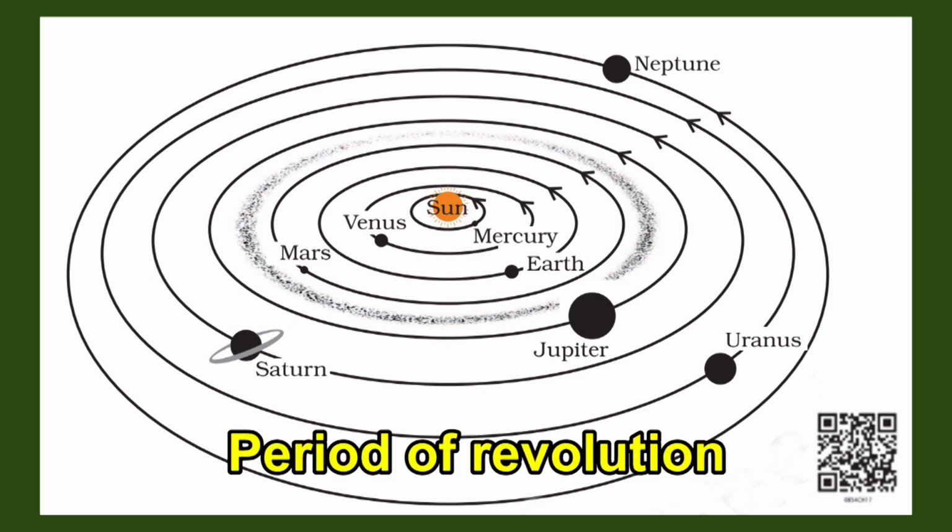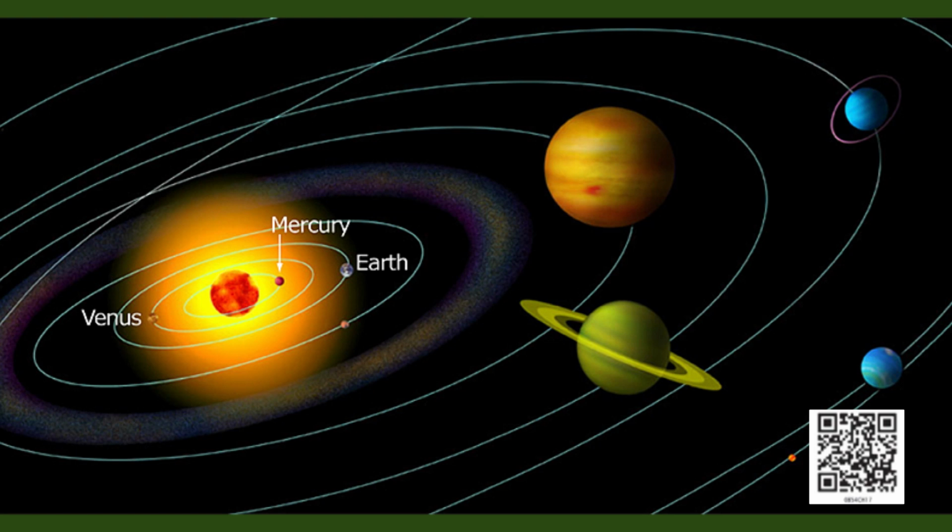The time taken by a planet to revolve once around the sun is called the period of revolution. Each planet has its own orbit. The sizes of the orbits are also different. In fact, some of the orbits are tilted with respect to other orbits. This is the reason why the planets do not collide while they move around the sun.